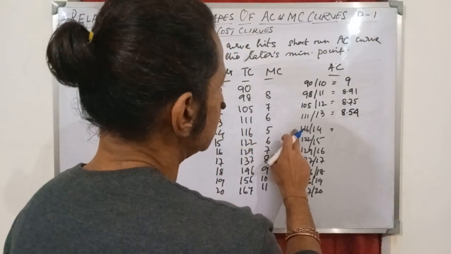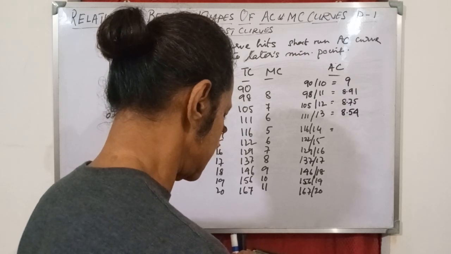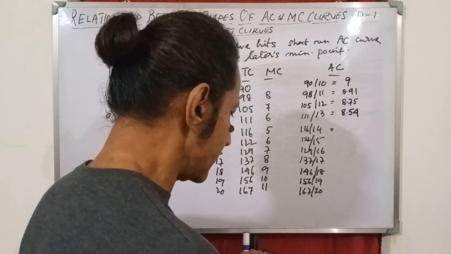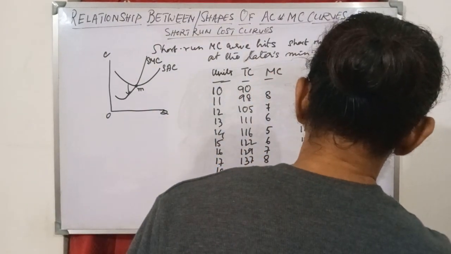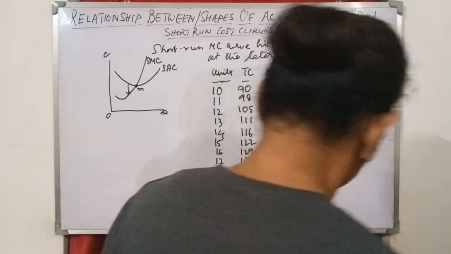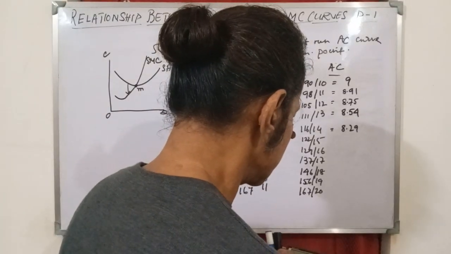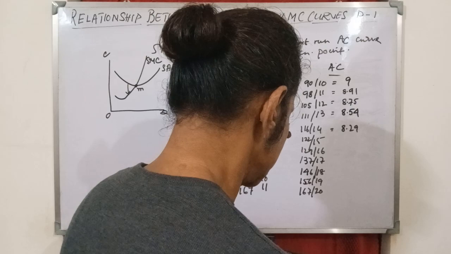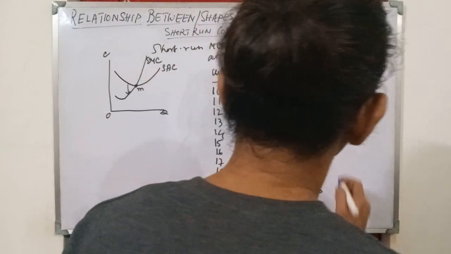Then 116 over 14. So we get 8.2857, let us take 8.29. Then 122 divided by 15. This gives us 8.13.